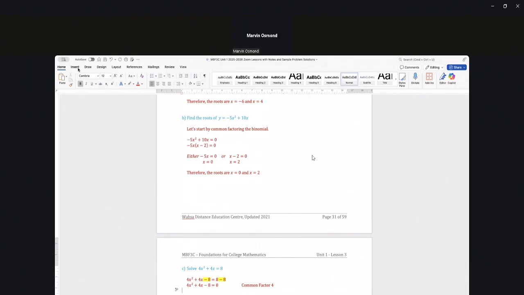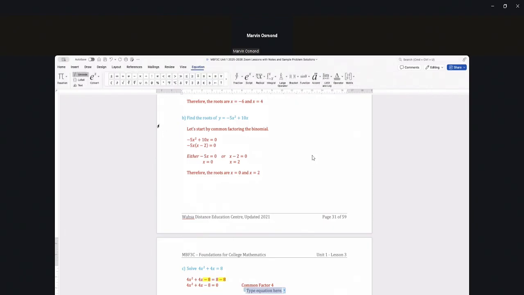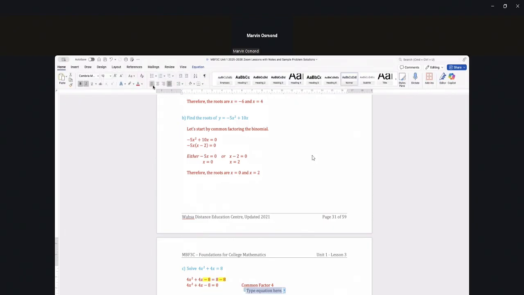So now we're going to have common factor a 4. So that means now I have to divide everything inside the bracket by 4.